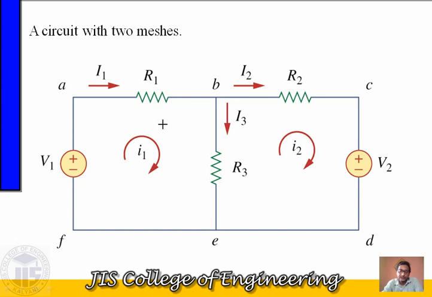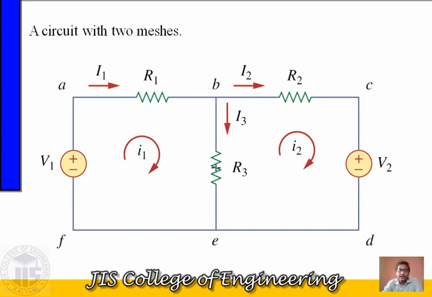Here, as we are considering mesh current analysis, we have to consider the values of the mesh currents. Which amount of mesh current is flowing over here? Only I1 amount of mesh current. So the voltage drop across this R1 resistance is small I1 into R1.